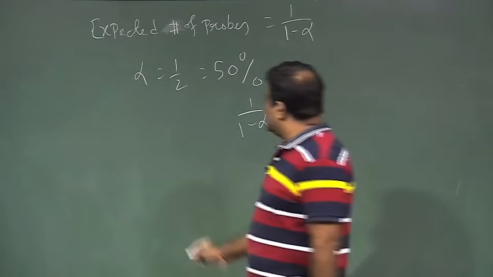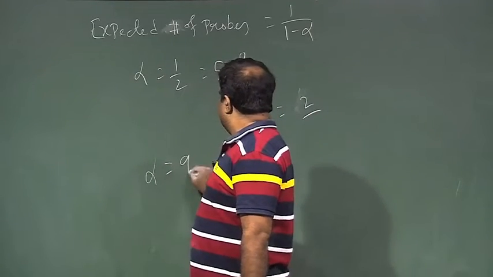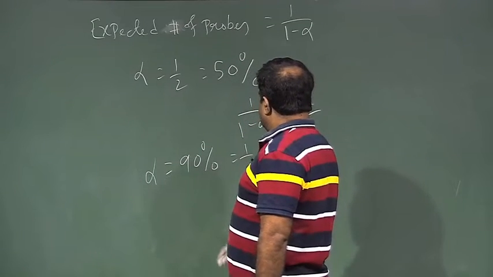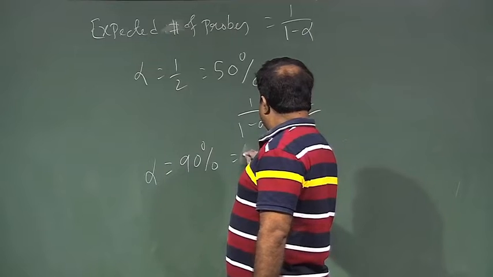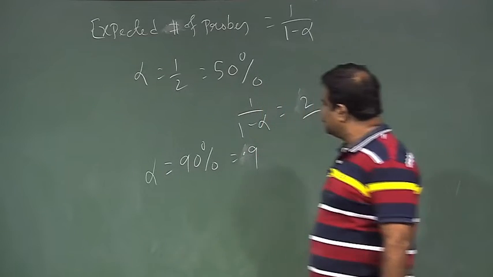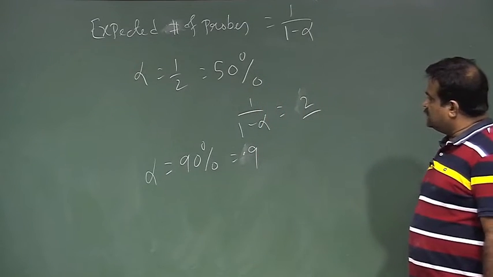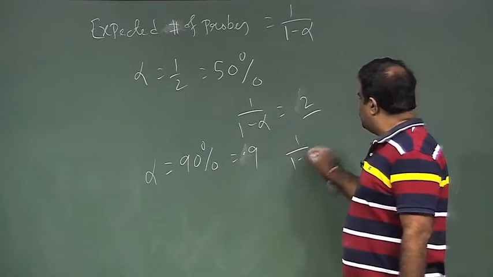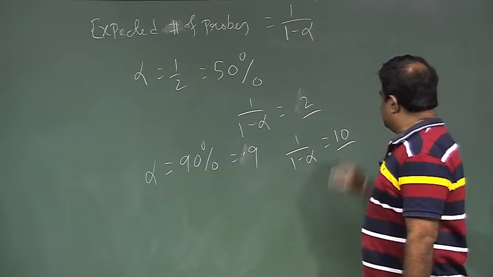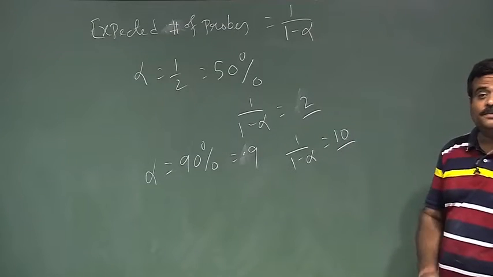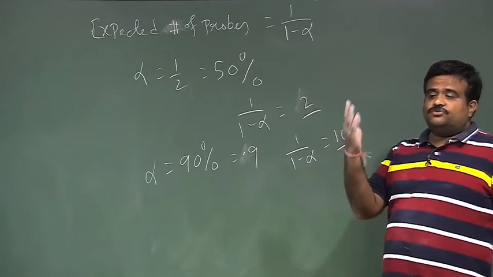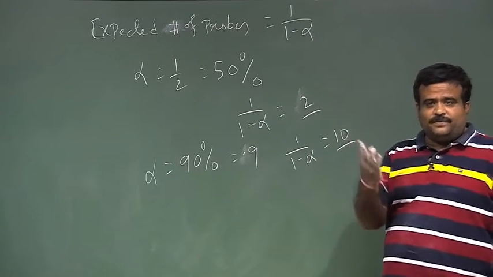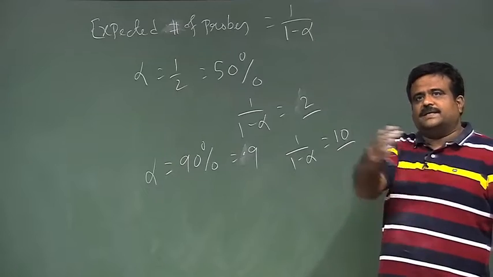But what happens if the table is 90% full? Then alpha is 0.9, that is 9 by 10. If the table is 90% full, then what is 1 by 1 minus alpha? This is basically 10. So, if the table is 90% full, then we need 10 probes for an unsuccessful search.